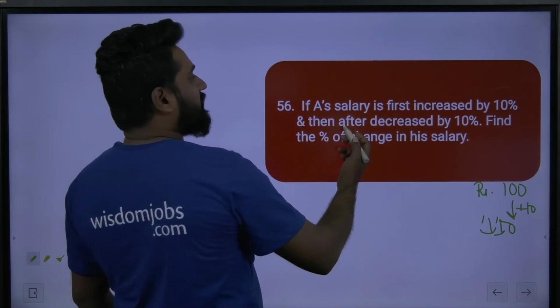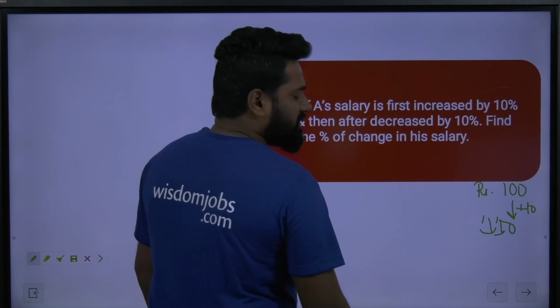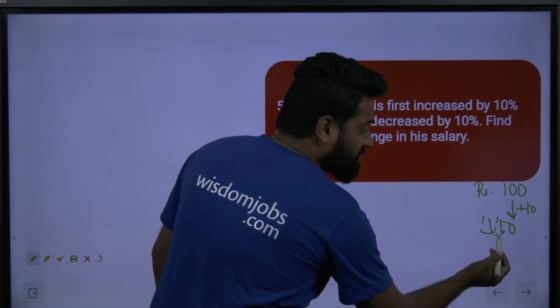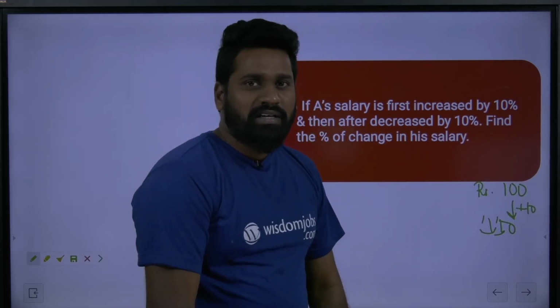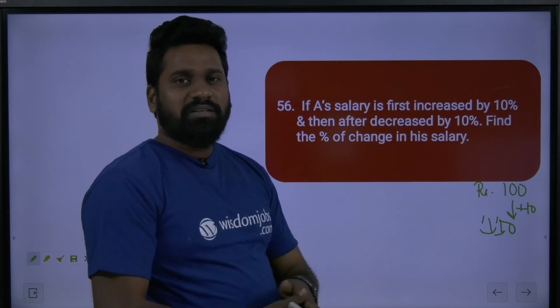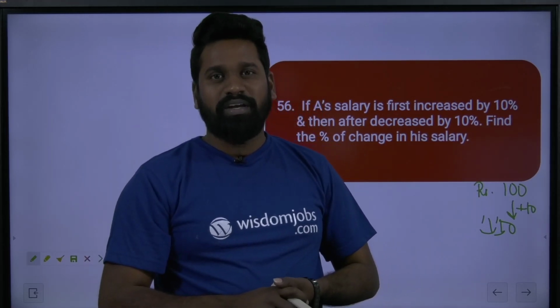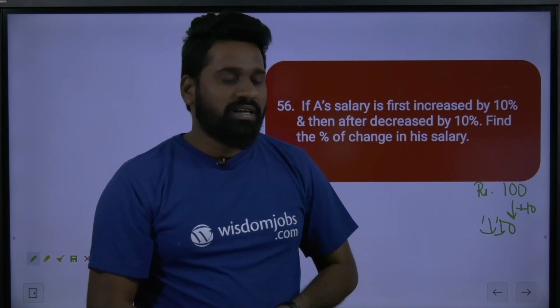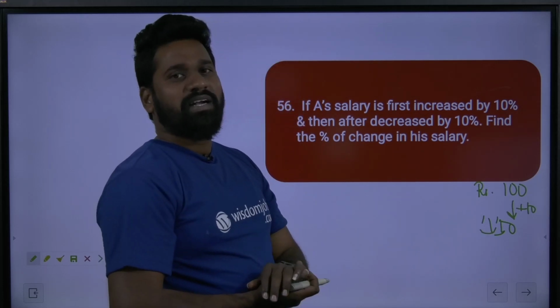And coming to the next one, decreased by 10%, that 10% you consider on this 110 rupees, not on 100 rupees. So by seeing the question, 10% increase, 10% decrease, you should not take the option no change in the salary. No increase, no decrease becomes the wrong option, because after 10% increase, his new salary becomes 110.